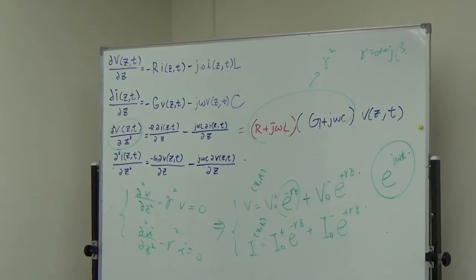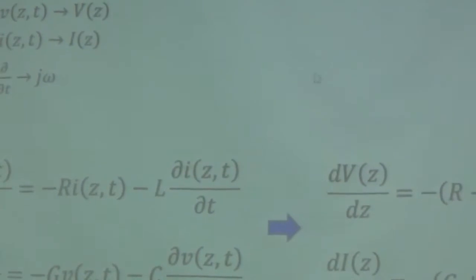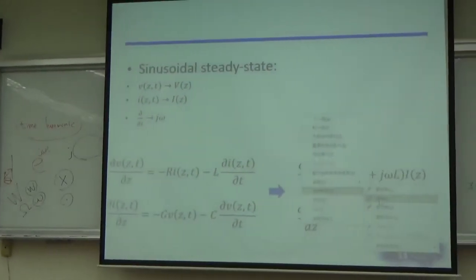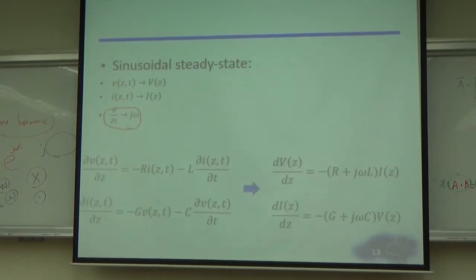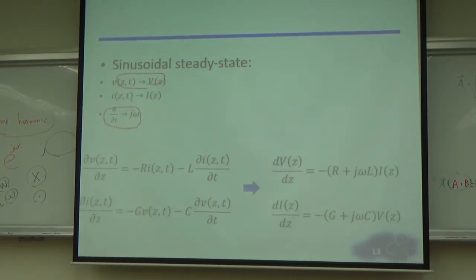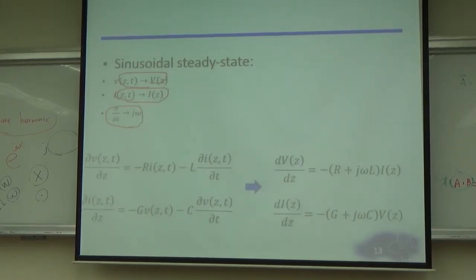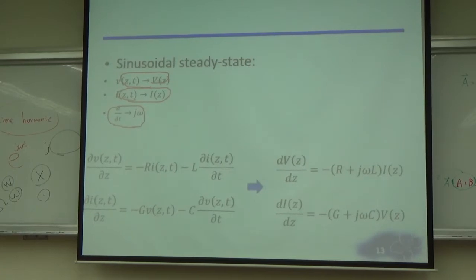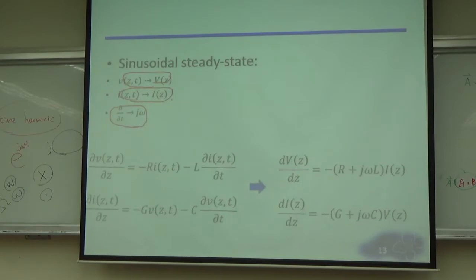You have the telegrapher equations. I just point out everything you already learned. You change this one to only the component of Z, change it to the functions V of Z and I of Z, and you also transfer the partial differential with respect to t to j omega.